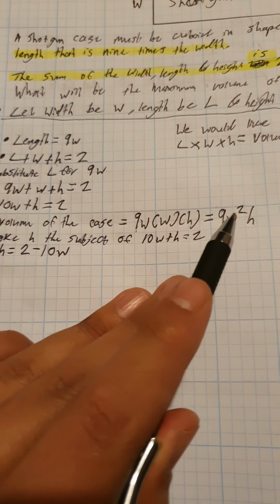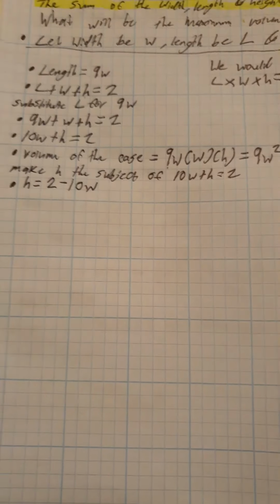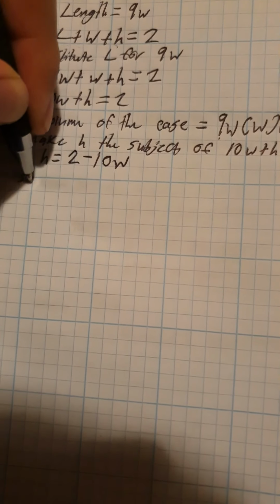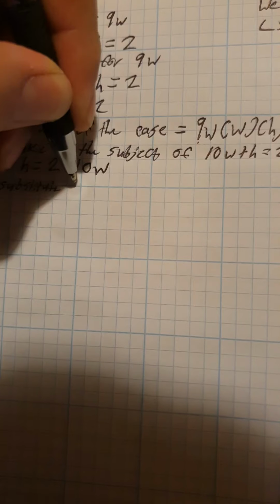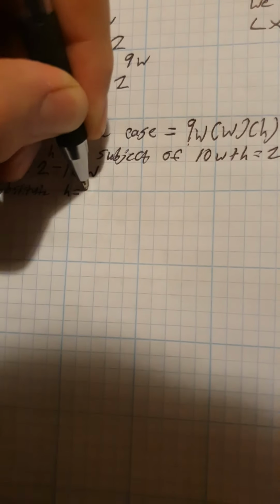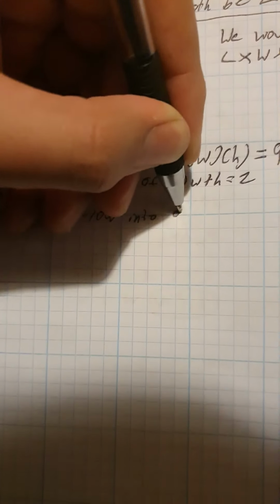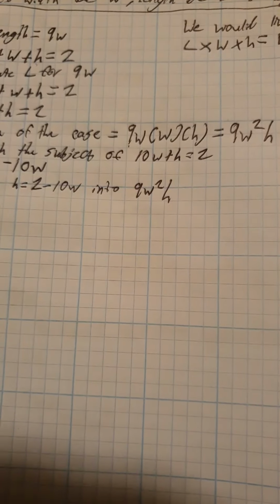So we'll have 9W squared lots of 2 take away 10W in brackets. So substitute, and that would look like this.